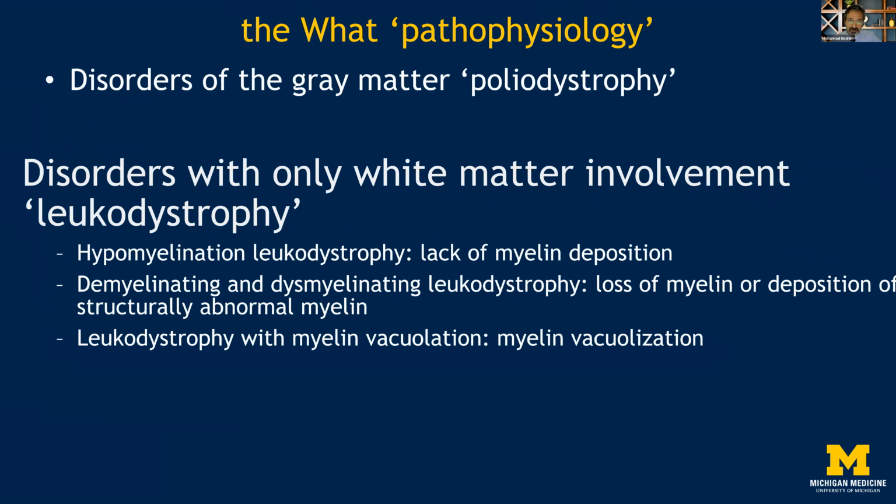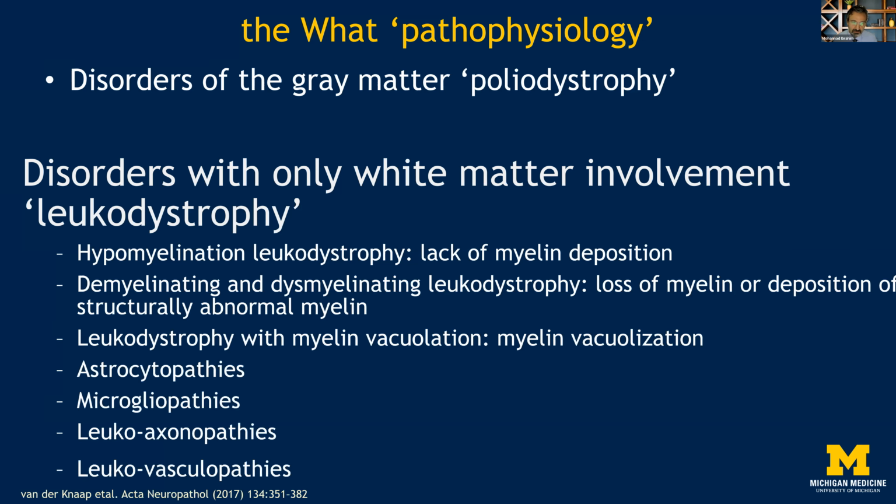Pathophysiologically, there are different pathways to such results, starting with lack of myelin deposition, such as in hypomyelinating leukodystrophies, or loss of myelin and deposition of structurally abnormal myelin in the demyelinating and dysmyelinating leukodystrophies. And finally, we can have vacuolization, in leukodystrophy with myelin vacuolation.